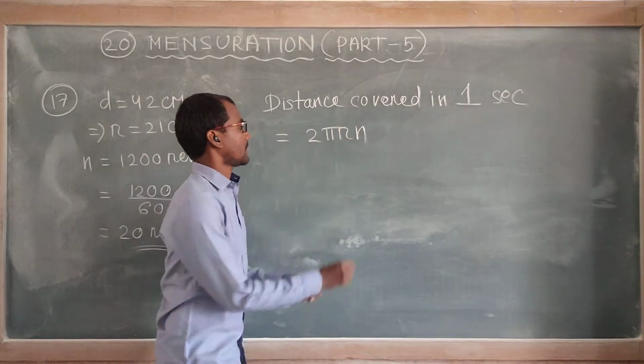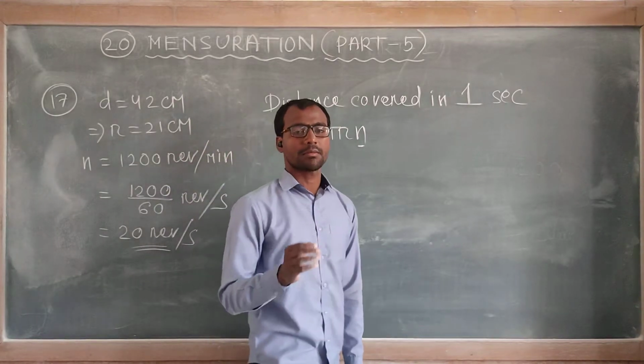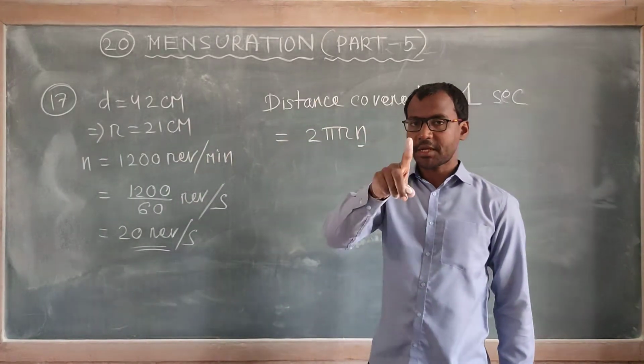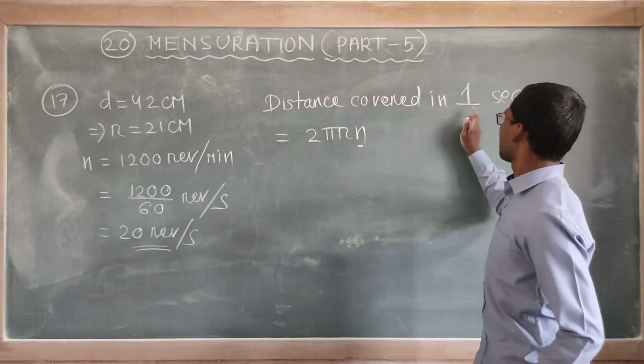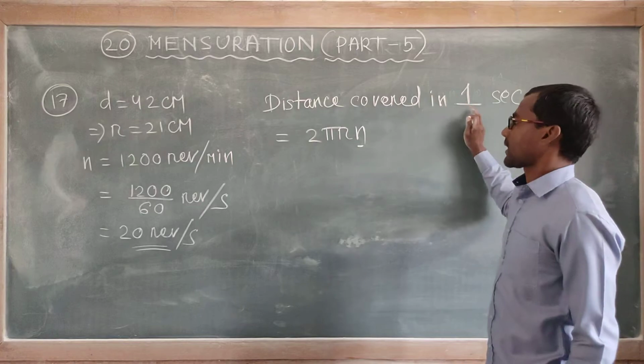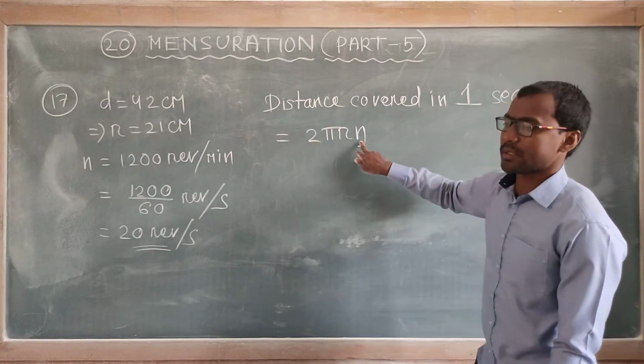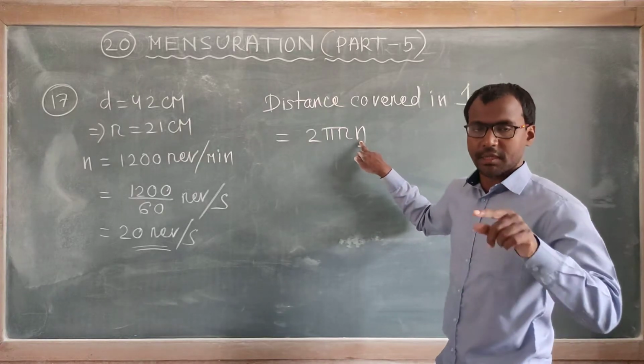Here n is very important. Here n is the number of revolutions made by each wheel in 1 second, because I have taken 1 second.